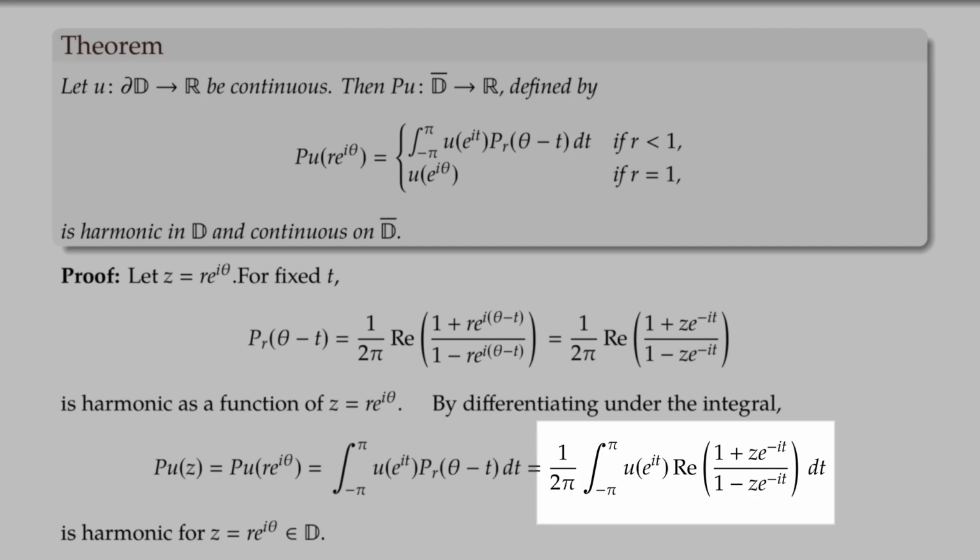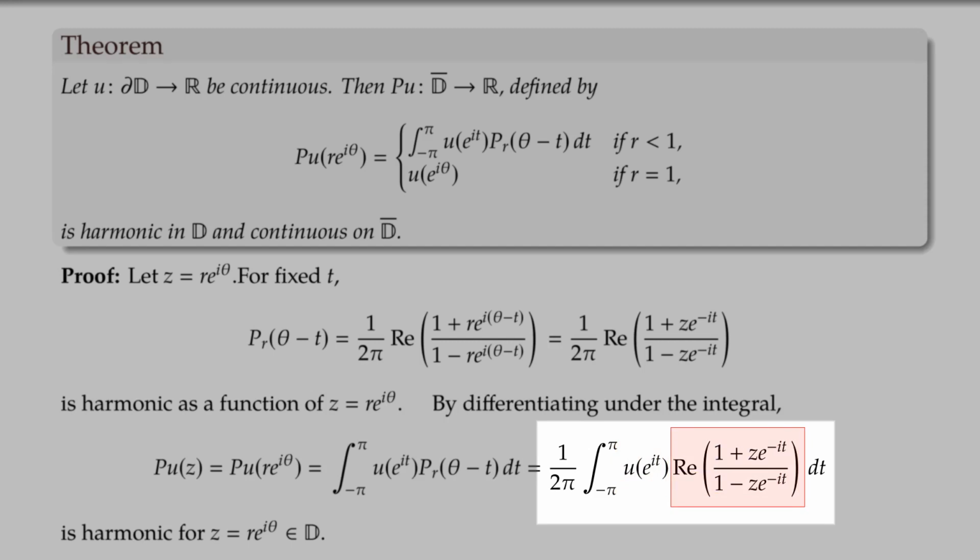How do we differentiate? We're basically taking the Laplacian. So if z is x plus iy, you differentiate twice in x and twice in y. But you notice that there is no z in this bit of it. So when I differentiate under the integral, I'm only differentiating this thing, and that's harmonic.